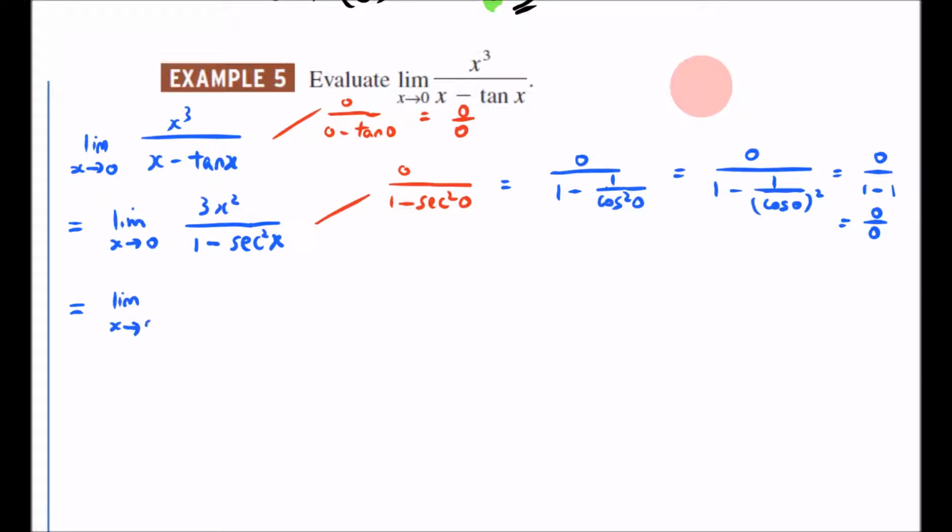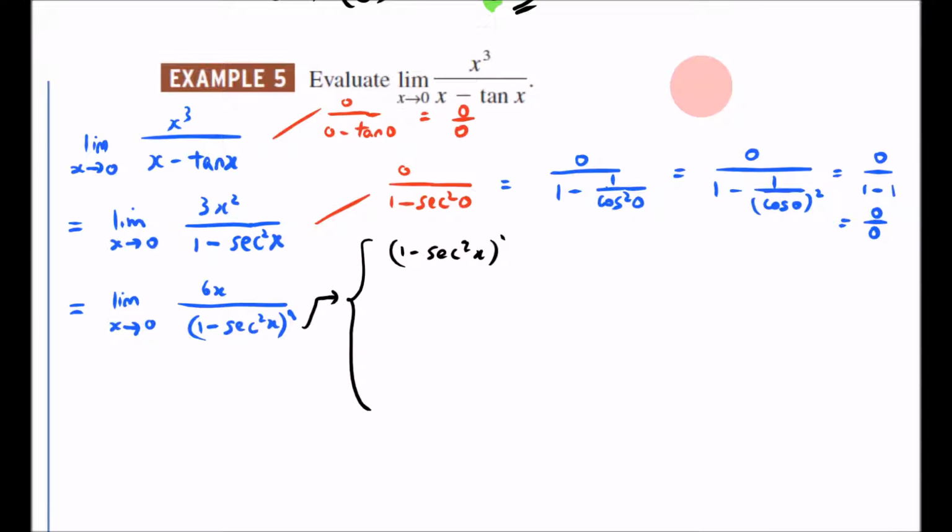So now we do the differentiation carefully. 3x squared, so you get 6x. Now 1 minus secant square x, differentiate. Okay, now how to differentiate 1 minus secant square? So this is the part that you have to be careful. So 1 minus secant square x prime, so we get 0 minus secant square x prime. Now secant square x means secant x bracket square.